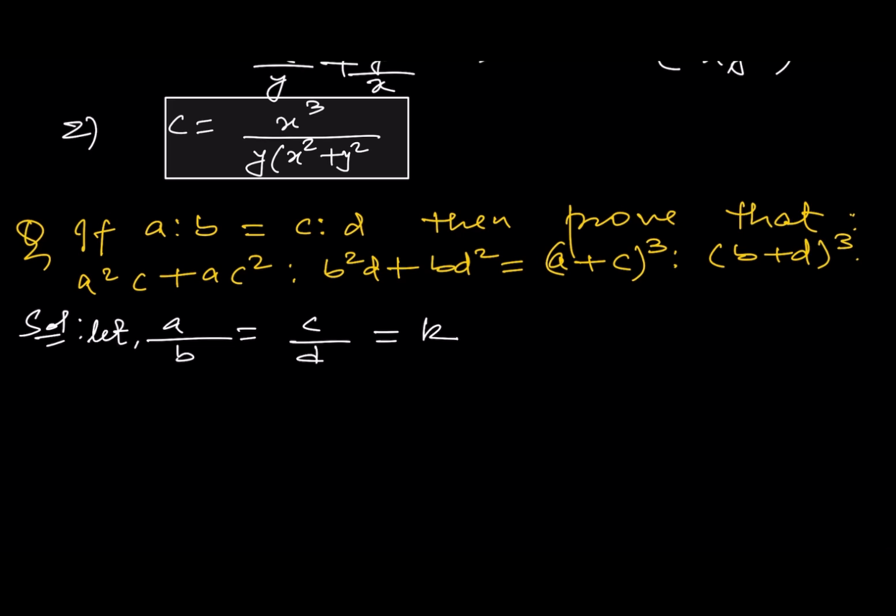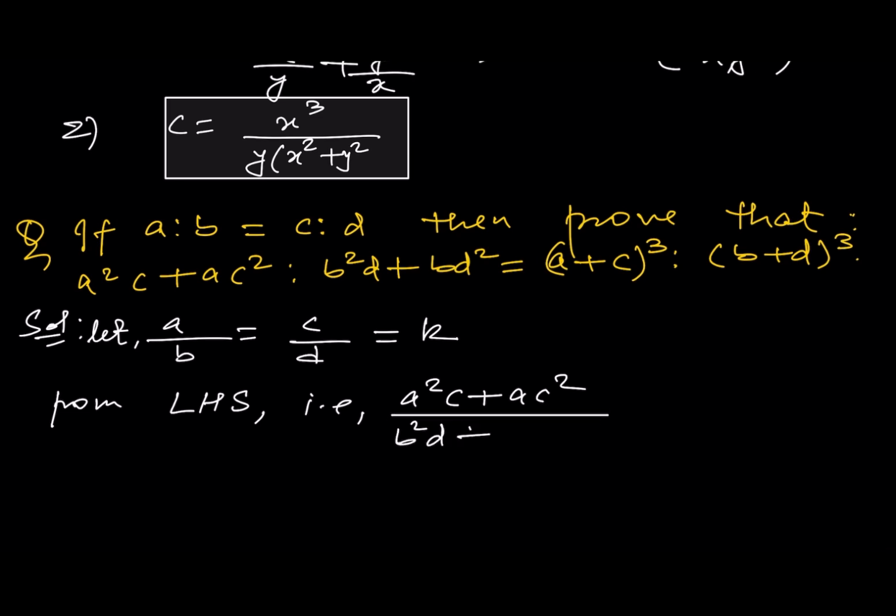Now from LHS, that is A square C plus AC square upon B square D plus BD square. If I take AC as common from numerator, then inside bracket it will be left with A plus C. Similarly, in denominator, if I take BD as common, then in bracket it will be B plus D, right?